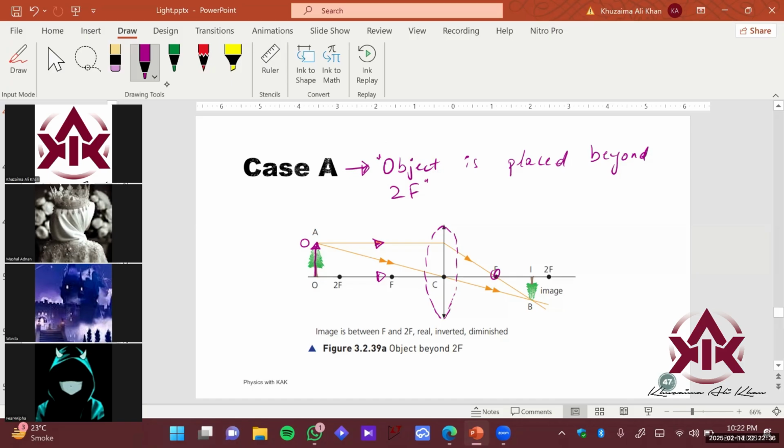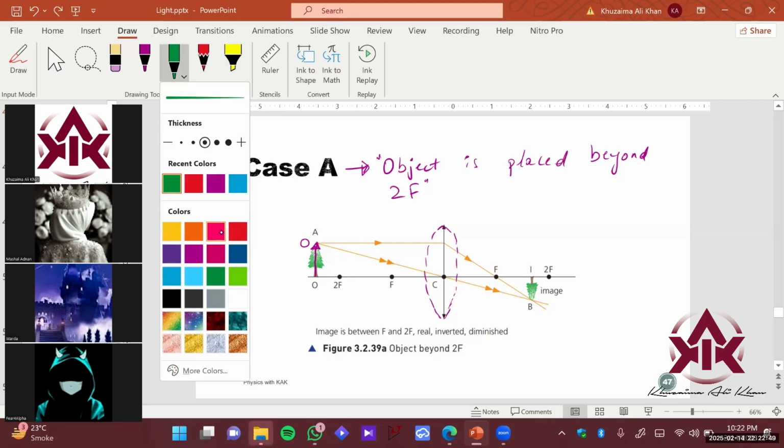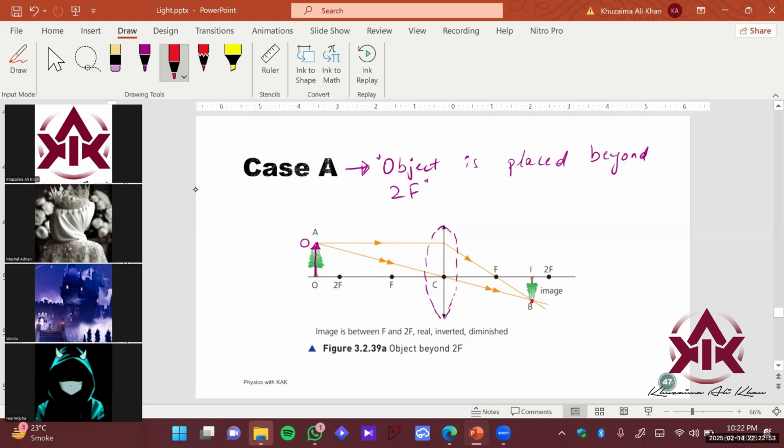We can see here it is followed in this scenario. And then you have a second ray which is passing directly through the center, which goes undeviated, right? And there is a point of intersection where the image is formed, that is here. This is the point where your image is formed, and we again show it using an arrow. This is the image formed here, right?